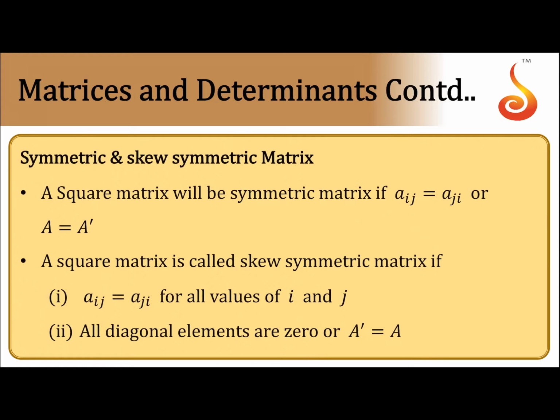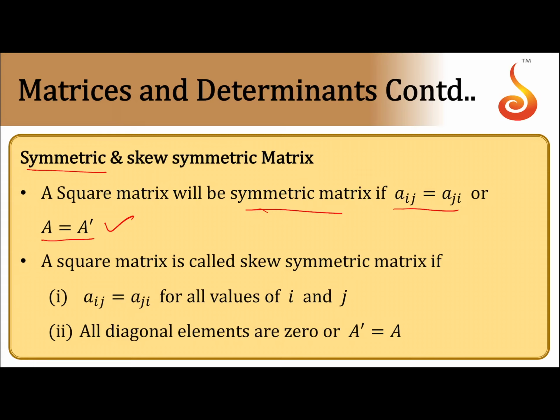Next, symmetric and skew symmetric matrices. If the transpose of a square matrix is itself, that is A transpose is A, then it is said to be symmetric. A matrix is said to be symmetric if Aij is equal to Aji for all i, j.